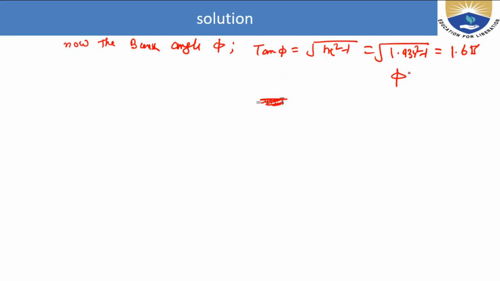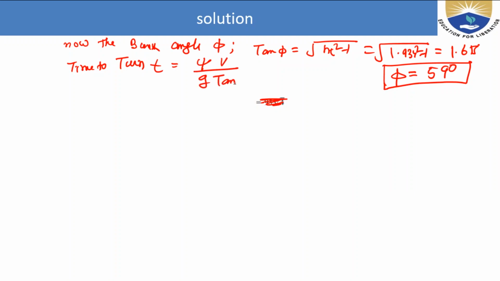So this phi is equal to 59 degrees. So this is the turn angle or bank angle. Now time to turn, that is the t, is equal to pi V divided by g tan phi. So this is 146 into pi divided by 32.2 g into 1.655. You will get 8.59 seconds.